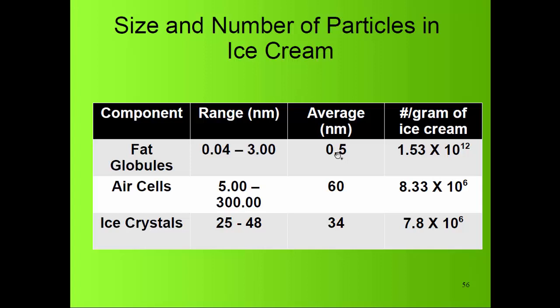So they should be about half the size of the air cells. So the smallest things are the fat globules, and then the ice crystals, and then the air cells. And the number in a gram of ice cream, right? So there should be a whole bunch of fat globules, right? So there's almost 10 to the sixth times more fat globules, but they're very tiny as compared to air cells and ice crystals.